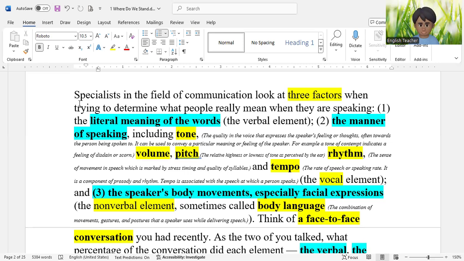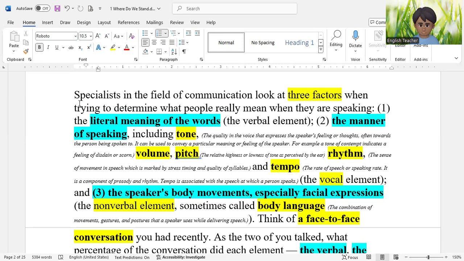Now, number three is the speaker's body movement. When I teach in the classroom, you may have seen how I move my body, how I walk around, how I stand, how I lean, what my facial expression is, how I make eye contact with you, how I smile, what facial expressions I make. All these make the non-verbal element, right?